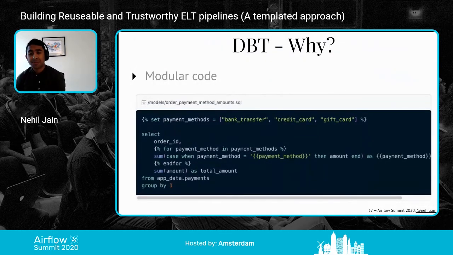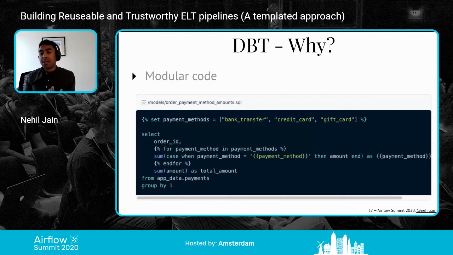Some of the features I specifically like for our use case is that it makes code modular. So I would like to go back to that concept of ever-changing business definitions. Suppose revenue is changing again and again. If the definition of revenue changes, just like software practices, if you define it once and keep it DRY, then we only have to change it in that place for it to be used everywhere downstream.